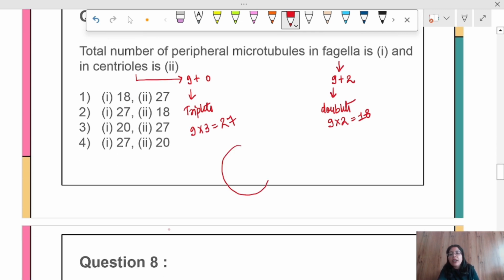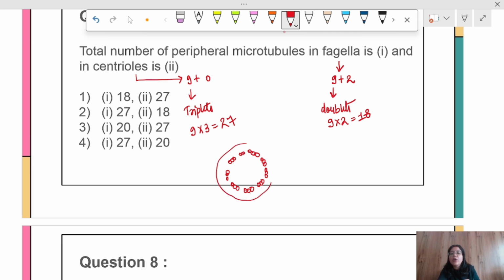When you cut the section of centriole or flagella, you will see that at 9 different positions you will be having these triplets. Okay, 1, 2, 3, 4, 5, 6, 7, 8, 9.